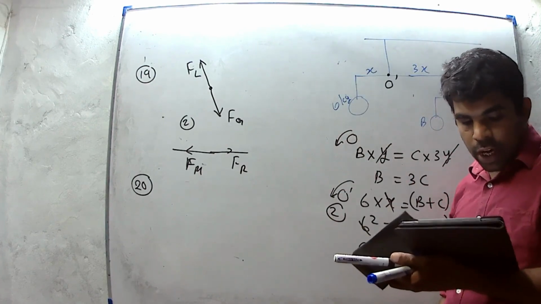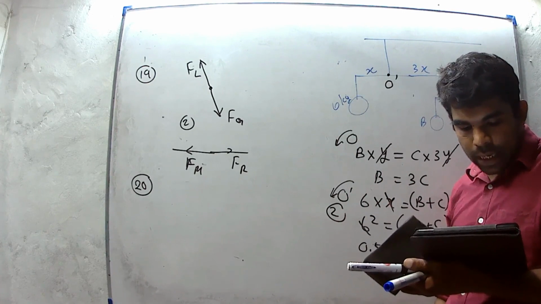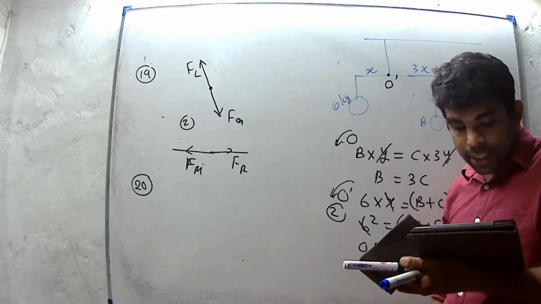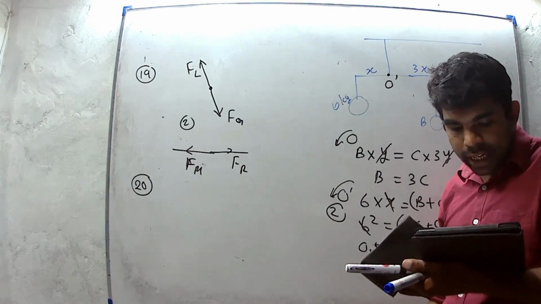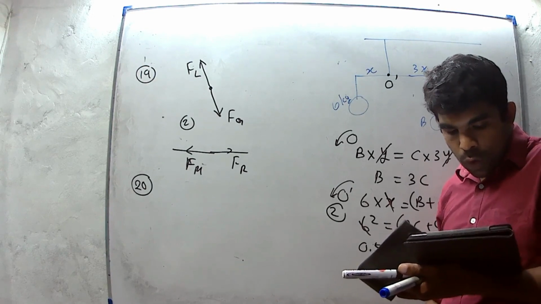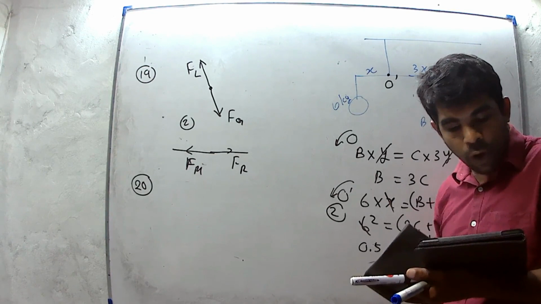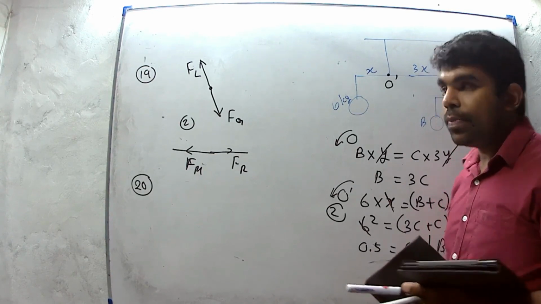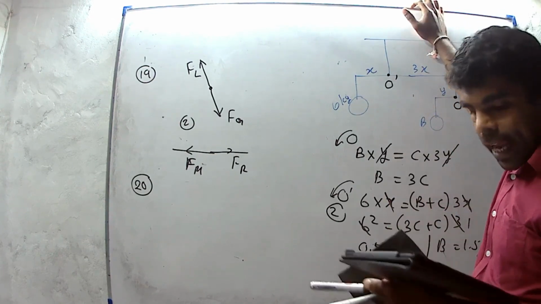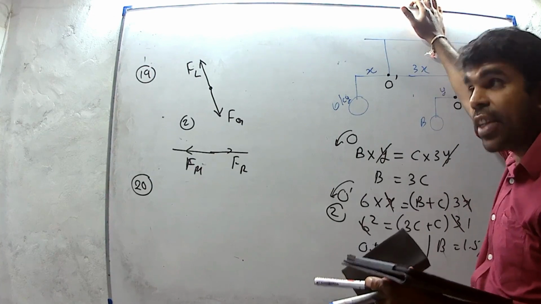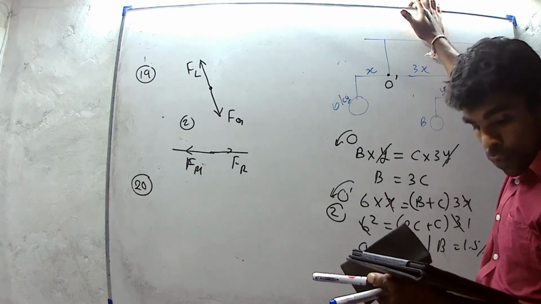Second one, force on the floor exerted by the box is indicated by P. No. Force on the floor should be indicated as the reaction from the box to the floor.